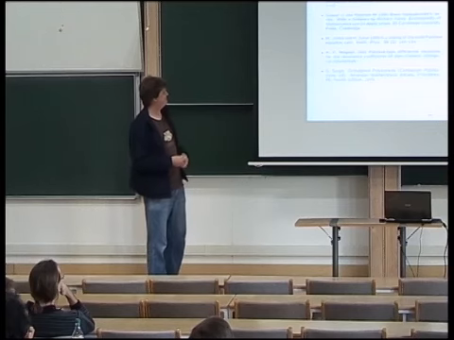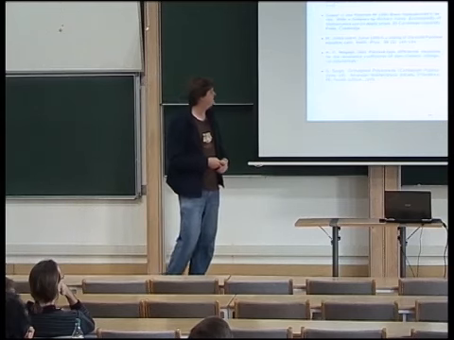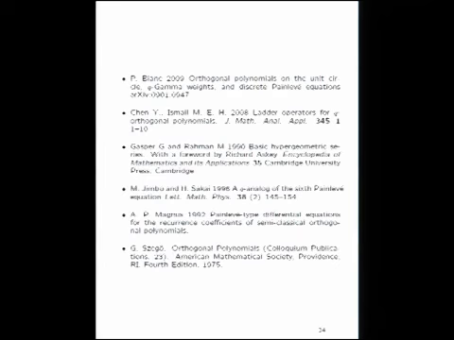And here are the references. So Bjorn's recent paper, which is a bit different because it's orthogonality over a circle. I should also mention that there is a framework for q differential equations by Ismail and Chen. They don't get expansions.